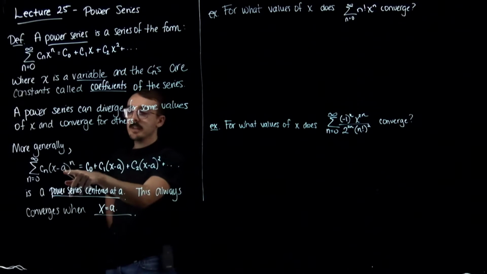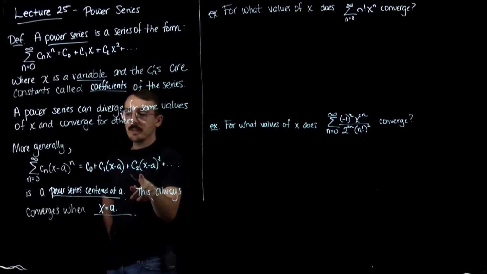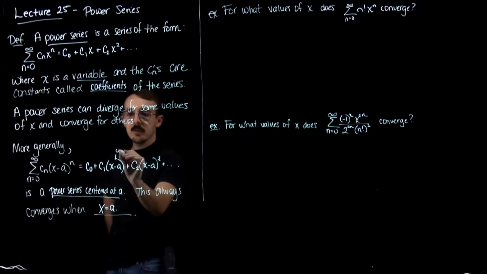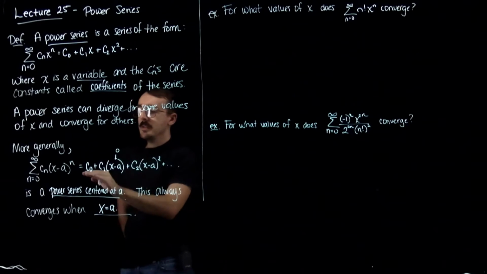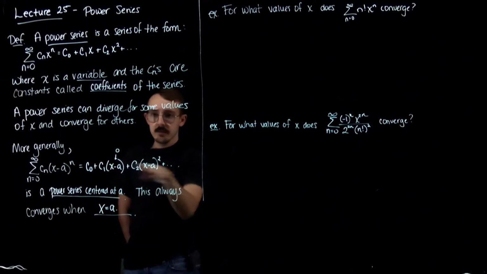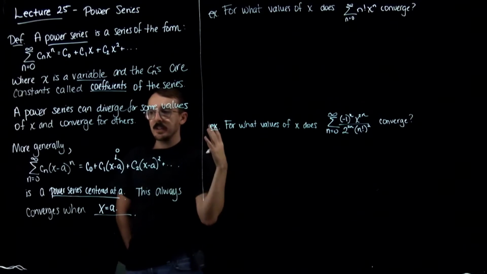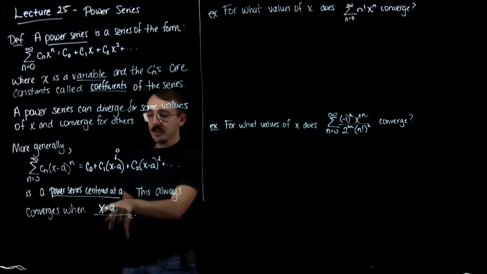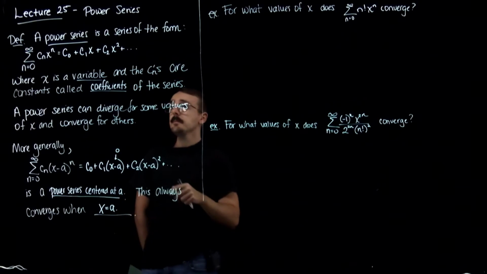When x equals a, this portion would be 0, so all of the terms that I would be summing here would be 0. I'm just left with c sub 0 plus 0. So by convention, we're going to assume that these power series will always converge at their center a.